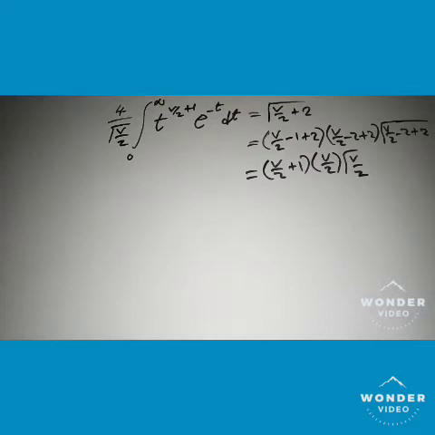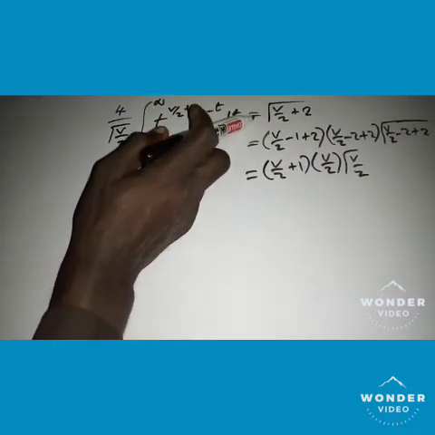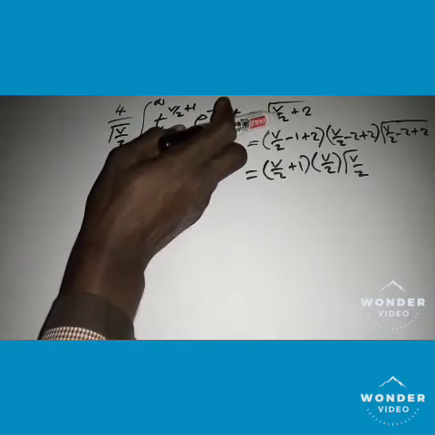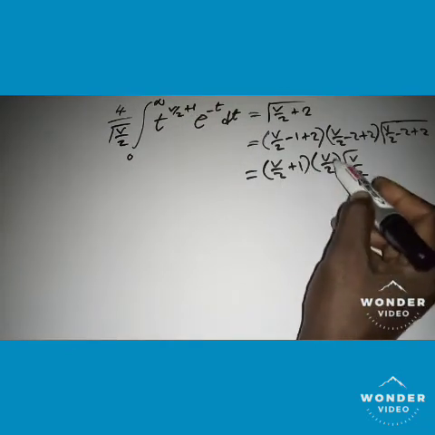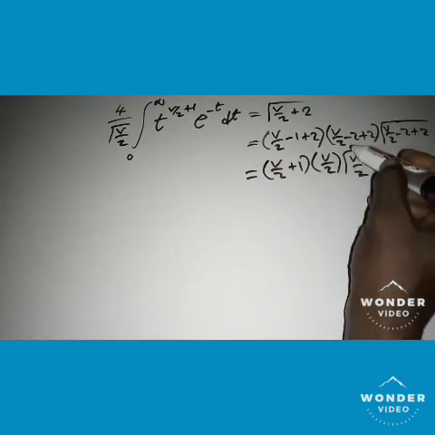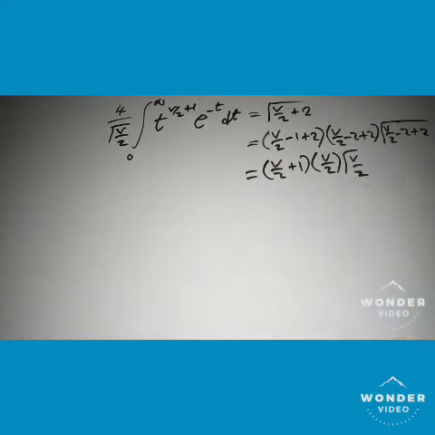Having simplified the gamma function of v over 2 plus 2 to v over 2 plus 1 times v over 2 times gamma of v over 2.